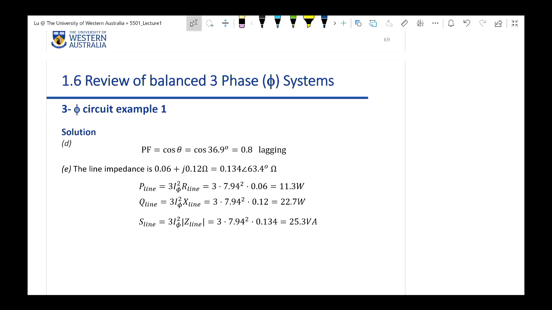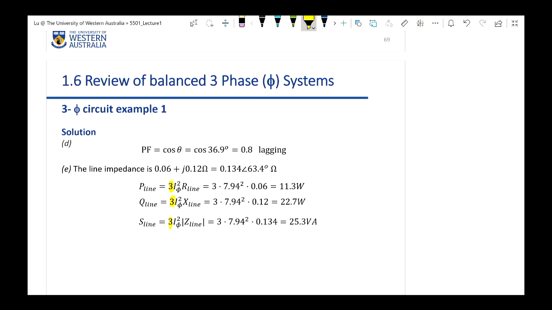Next one, for part E of the example, the real power, reactive power, apparent power again consumed by the transmission lines. First of all, out of these 3 formulas, you can see we got number 3, 3, 3, because we are using 3 lines for the transmission between the generator and the users, right? So these 3 mean 3 lines.